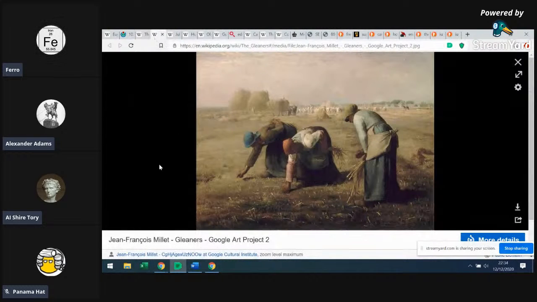Okay, and onto the Gleaners. This is Jean-Francois Millet from a few years later. The land and the crops belonged to the landowner, so they would harvest the grain, and the grain would go to the landowner, and the peasants would be paid for the work they did.